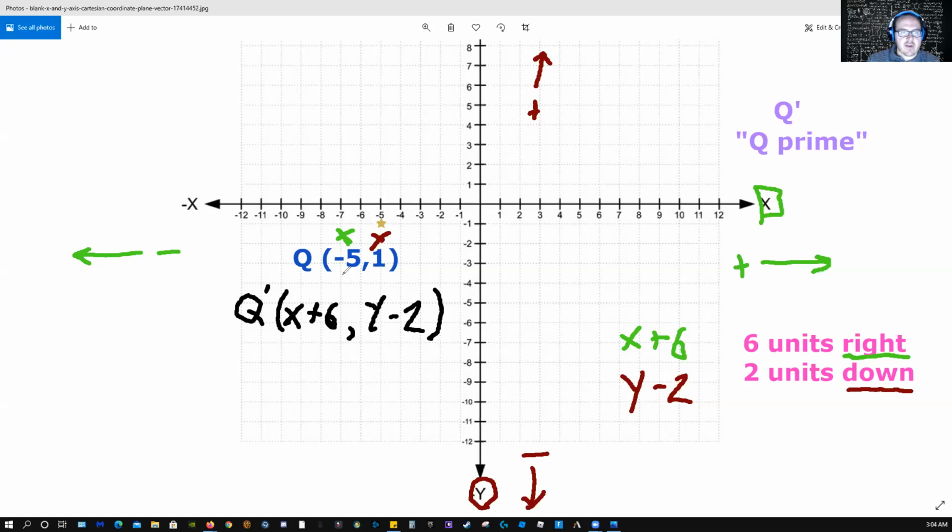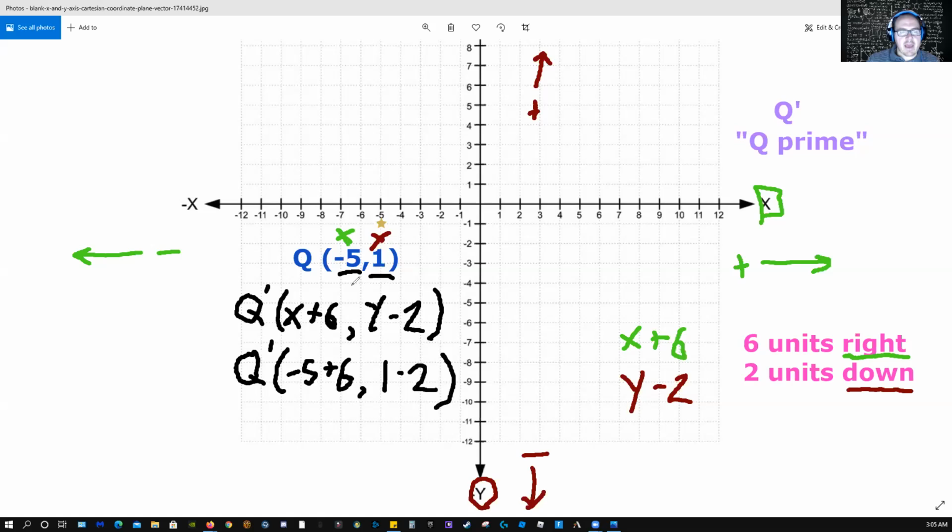And they gave us those values. They said that x is -5 and y is 1. So that means that q prime is going to be at -5 plus 6 as my x value, and y is 1 minus 2.